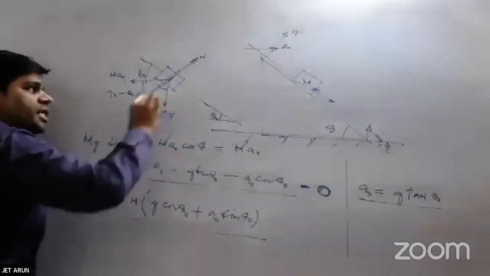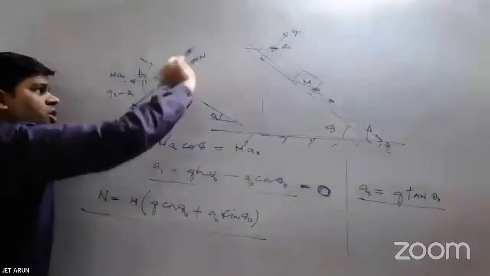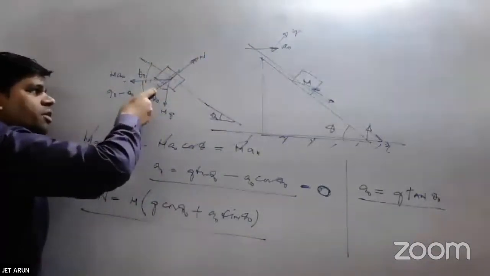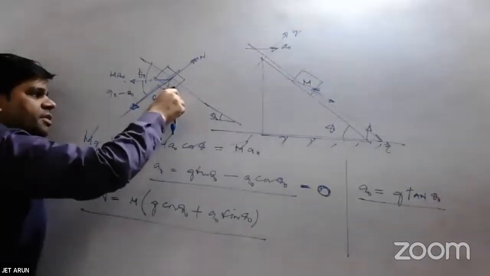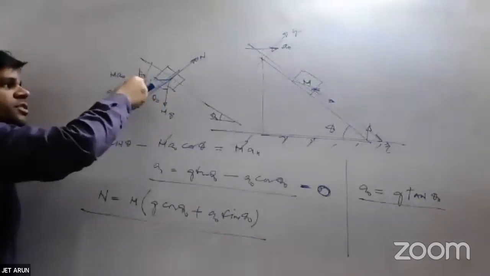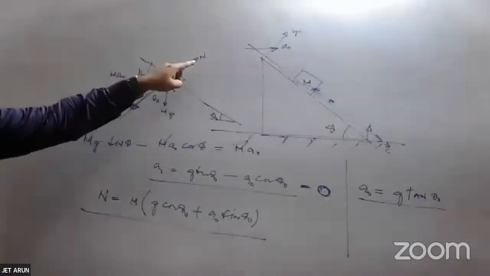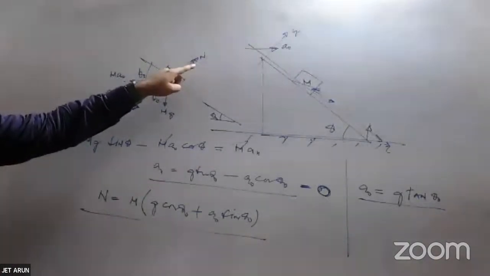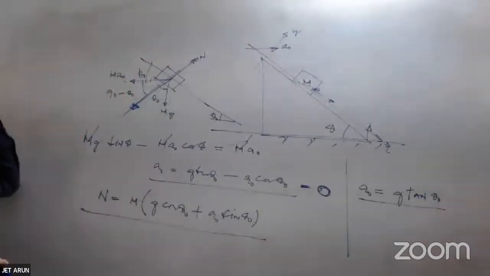And there is no motion along this line. Perpendicular to the plane, there is no motion, so net force along this should be zero. The normal should be counterbalanced by these two components. What are the two components? One is the gravitational force component, and the other is the pseudo force component. Both together add up and counterbalance N. There is no motion along the y-axis, perpendicular to the plane.